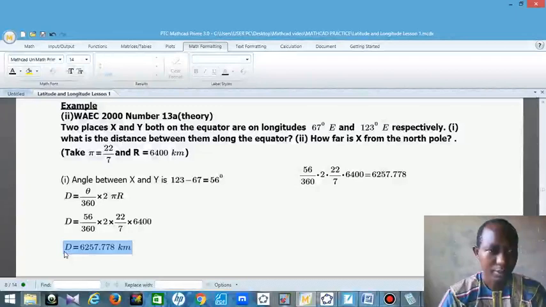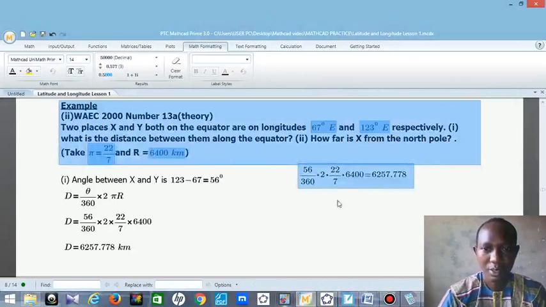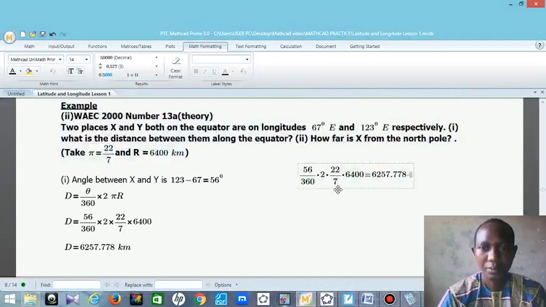So take note of this. Since the question did not tell us to leave it in any decimal, let's leave it to 3 decimal places. So that is the first answer. Use your calculator and check. I just did it fast because of time. So take note of that.